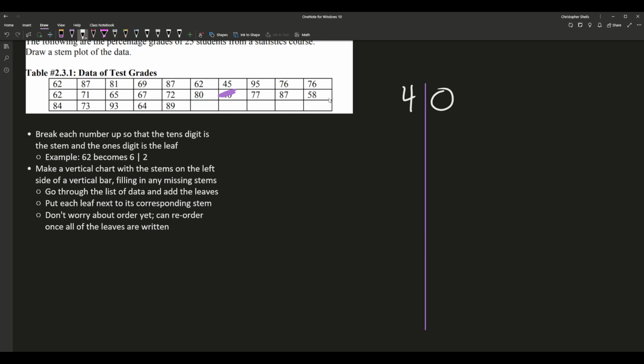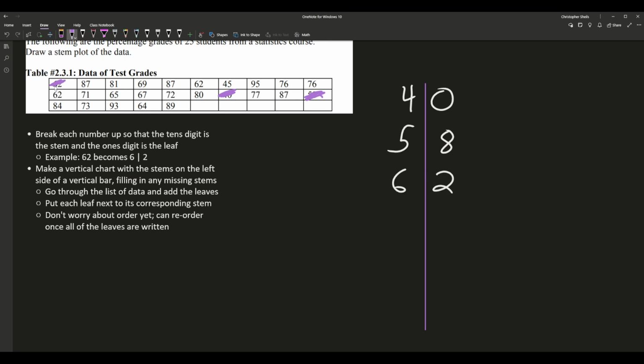Let's see, are there any grades that start with a 5? We have 58. So we can write 5, and then the 8 goes over here. And then I can cross out this 58. 62 is another grade that we have here.